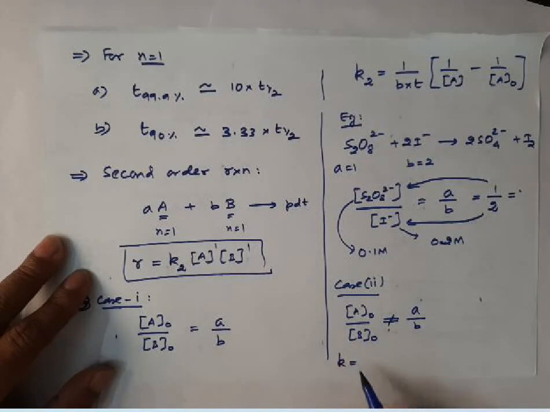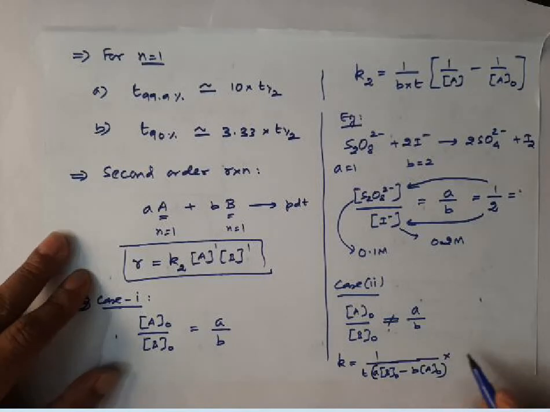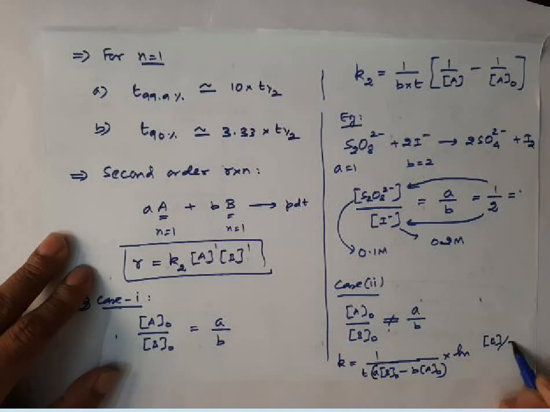the rate constant can be given as K is equal to 1 by t into, let me write, curly bracket, a into concentration of B naught minus b into concentration of A naught, times ln of (concentration of B by B naught divided by concentration of A by A naught).